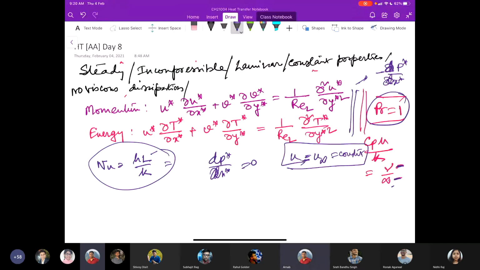So again, go back to the classes of the boundary layer approximation. So then what happens with these many assumptions? We can write simplified form of momentum and energy like I have written here.